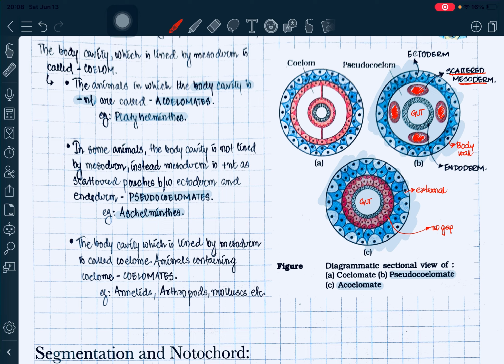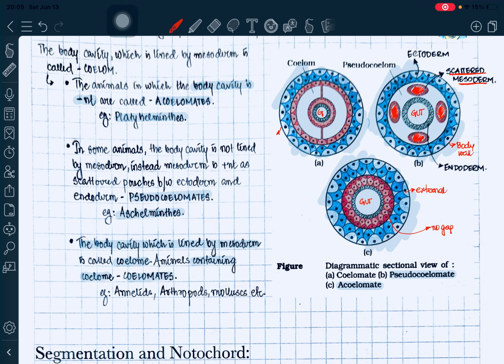And the last one is in which there is a presence of body cavity. The body cavity which is lined by the mesoderm is called coelom, and animals that contain this coelom are called what? They are called coelomates. This is the condition that we are talking about. Here, as you can see, we have the central portion that is called the gut.